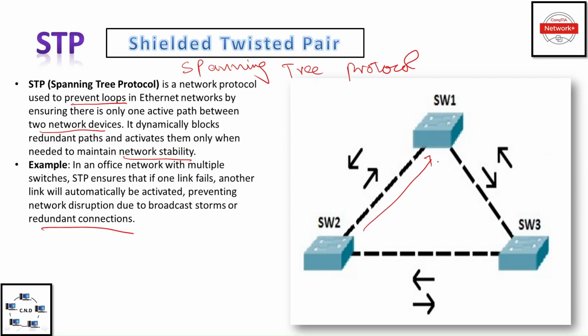One is this one through switch 1 and the other is this one. So STP operates such that this link or this port is disabled so that there is only one path to reach switch 3 and this loop is prevented. If both links are available, then the network will become unstable due to this loop.